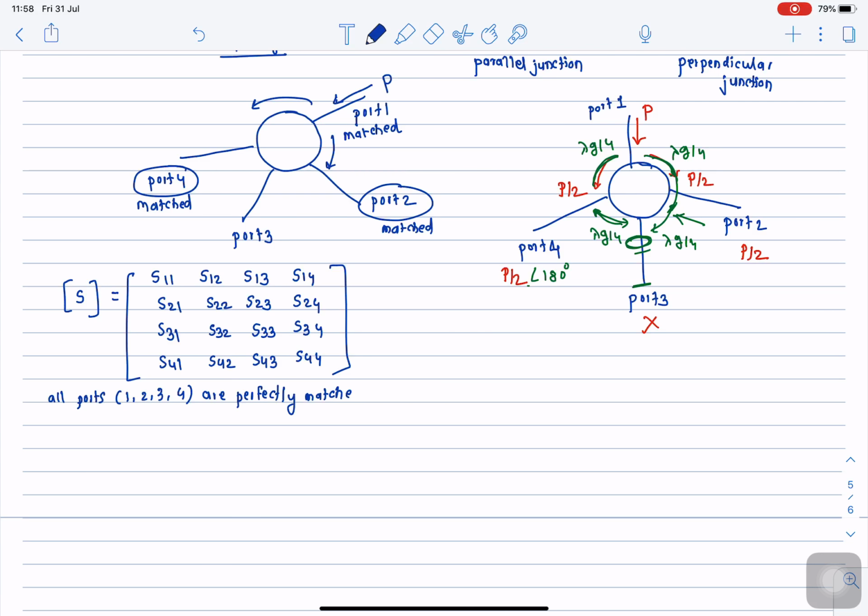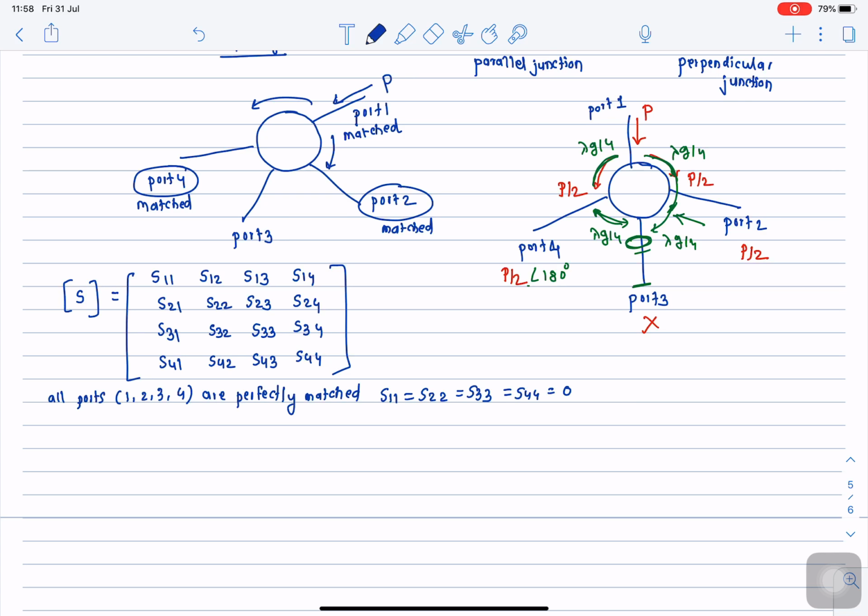Which parameters should we make 0 if there is no reflection? S11, S22, S33 and S44 are going to be 0, right?